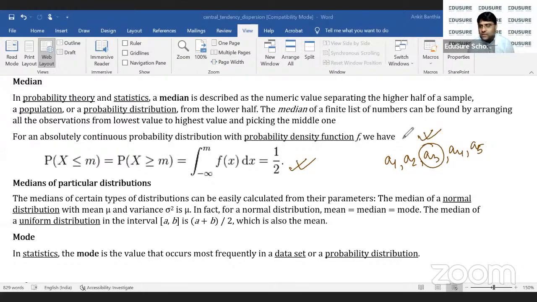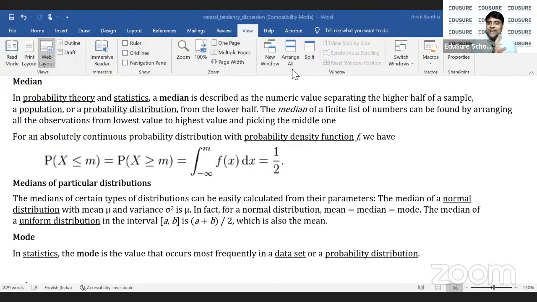Very simple. And if there is also A6, then A3 and A4 are the two middle values. I take the arithmetic mean of the two and that will be my median. That's it. This is how we find the median. Mode is the value that occurs the most in a data set. The most frequently occurring value is called the mode. That is the mean, median and mode.